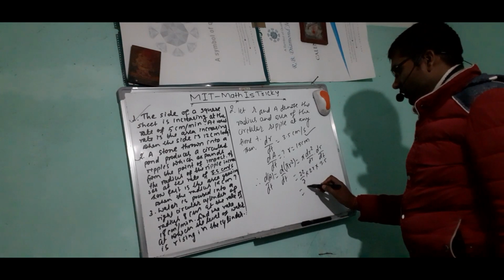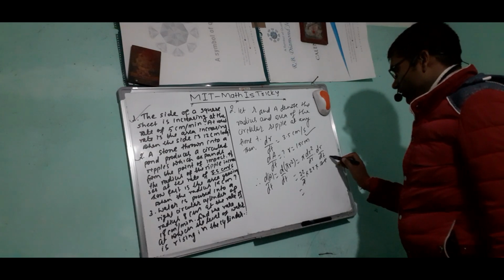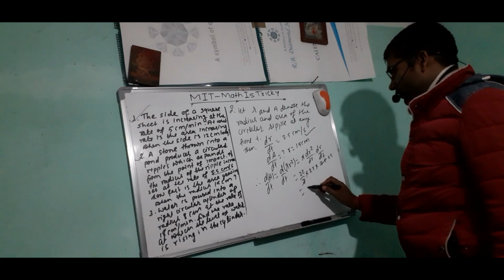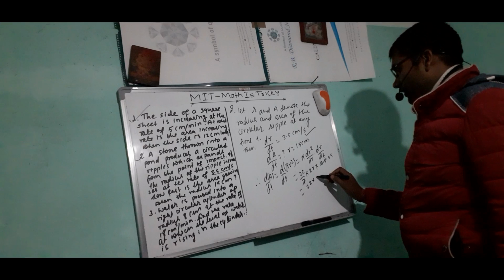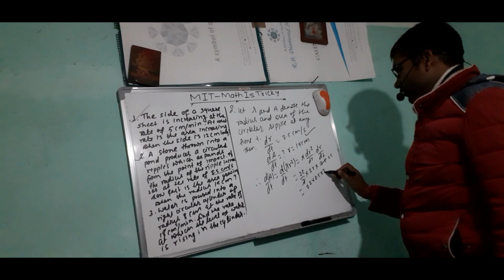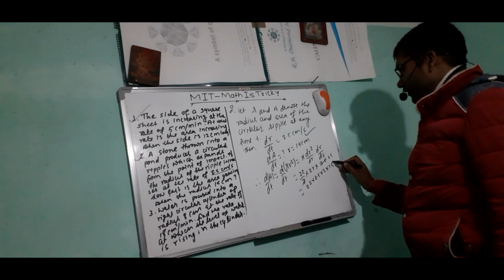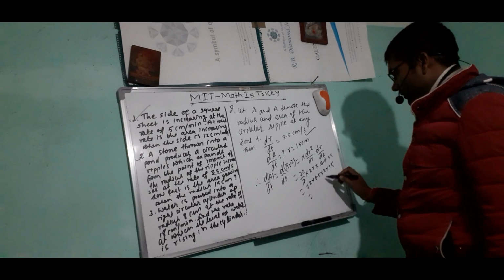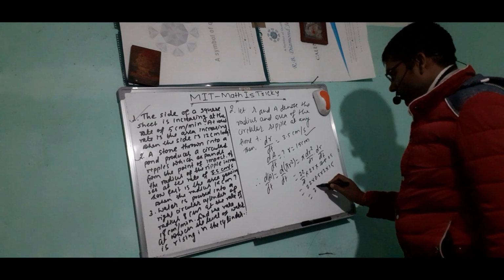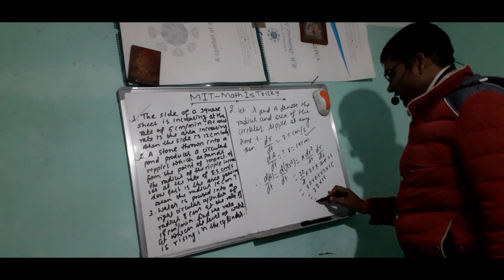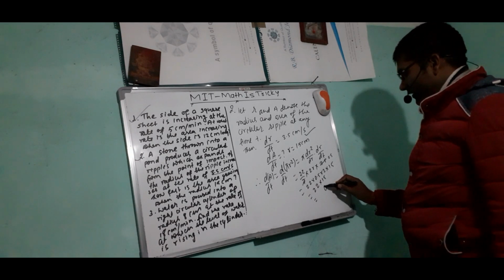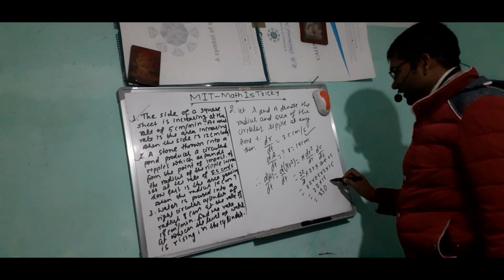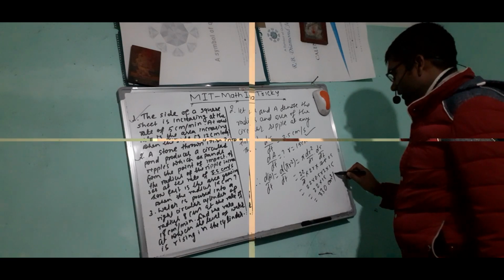So if we cancel, we get 22 into 0.5 into 2 into r, which is 15. So we can simply write 22 into 15, and the answer will be 330 cm square per second.